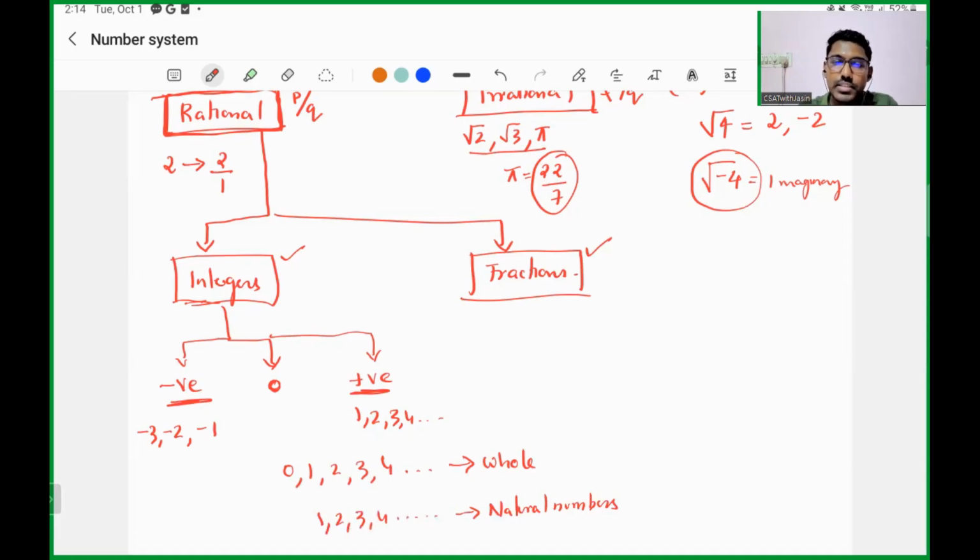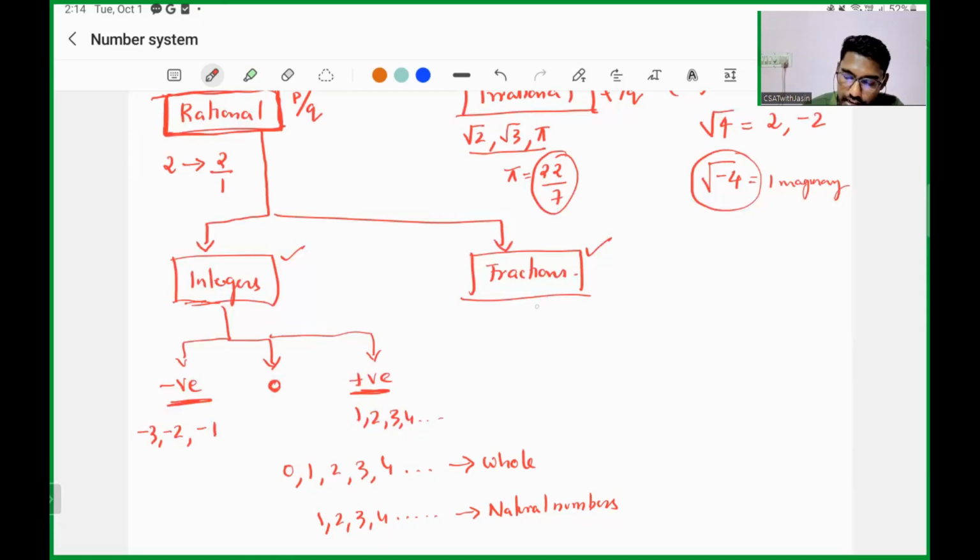Whole numbers means you just have to add 0. That's all. Natural numbers will not include 0. So what are integers? Integers can be negative, 0, and positive. Positive integers are called natural numbers, so 1, 2, 3, etc. are natural numbers. And whole numbers means you have to take 0 also along with the positive integers.